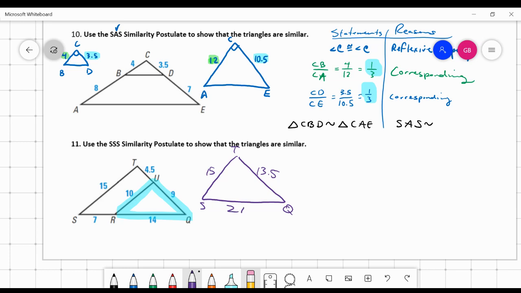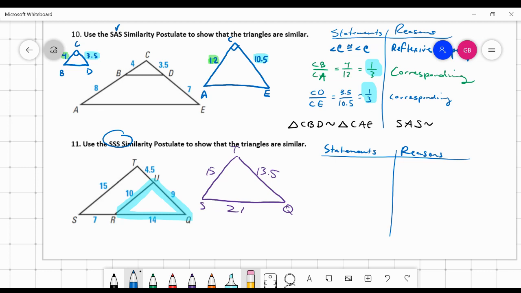Okay, so I'm going to compare this aqua triangle to the purple one. So let me go ahead and make my T-chart first. So for side side side, all three sides have to be proportional. So when you simplify the corresponding sides, all those fractions have to be equal. Okay.